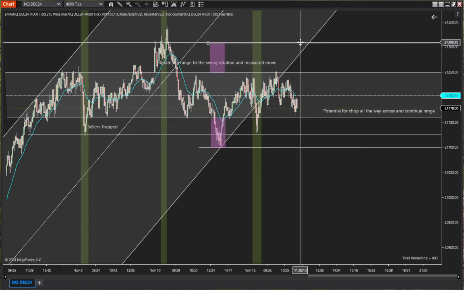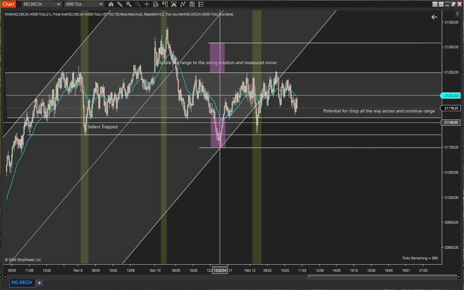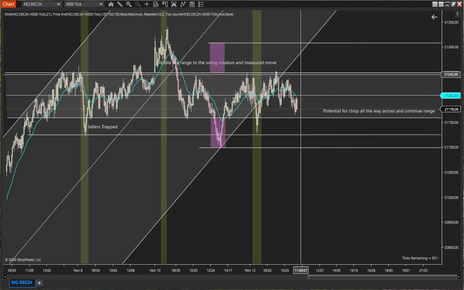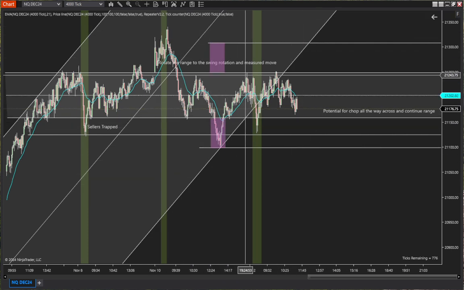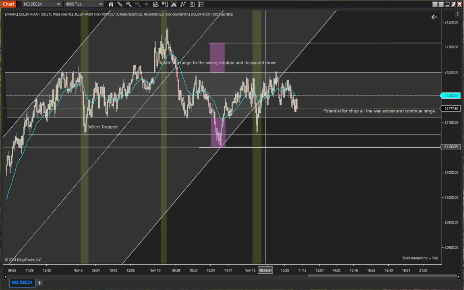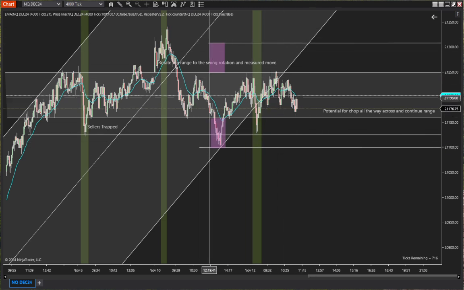So, swing rotation. It's going to be somewhere up here about the 21,300 level. If we have a failed rotation, you know, we might continue lower, but that's what I'm watching right now. Okay, that's what I'm watching here in between these levels, range.